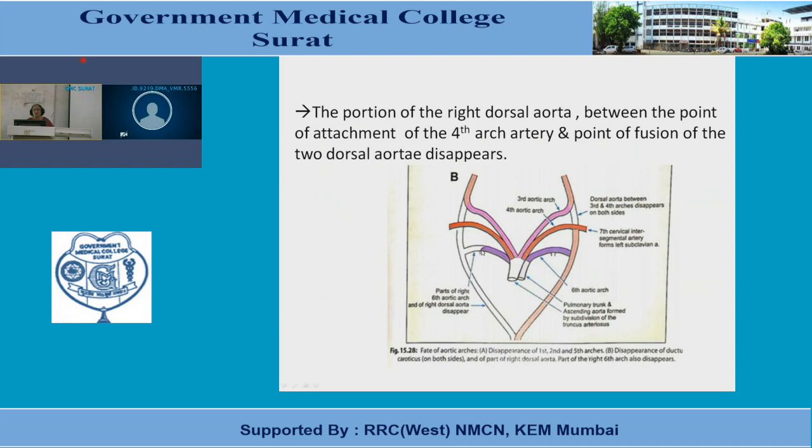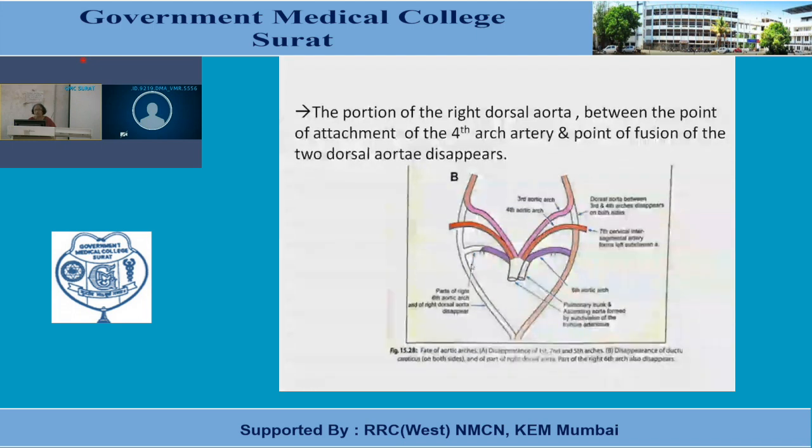So the portion of the right dorsal aorta between the point of attachment of the fourth arch artery and the point of fusion of the two dorsal aortae disappears. Again, I will repeat, the portion of the right dorsal aorta between the point of attachment of the fourth arch artery and the point of fusion of the two dorsal aortae disappears, right?